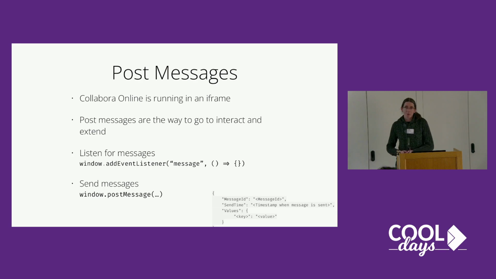Collabora Online is usually running in an iframe in the web browser, and post messages are the browser standard way to communicate there. So there would be two directions. From the Nextcloud perspective, as the parent frame, we can listen for messages coming in from the child iframes, like Collabora in that case, or we can send post messages from Nextcloud to Collabora. So it's a two-channel communication.